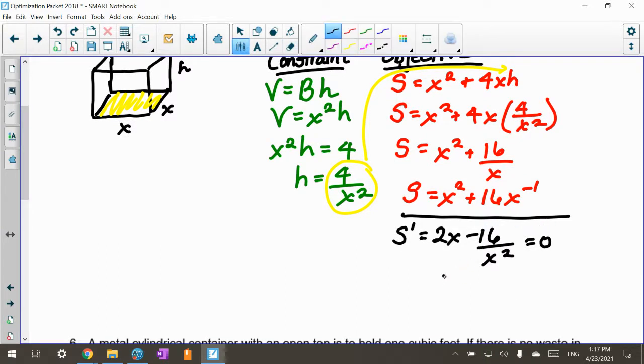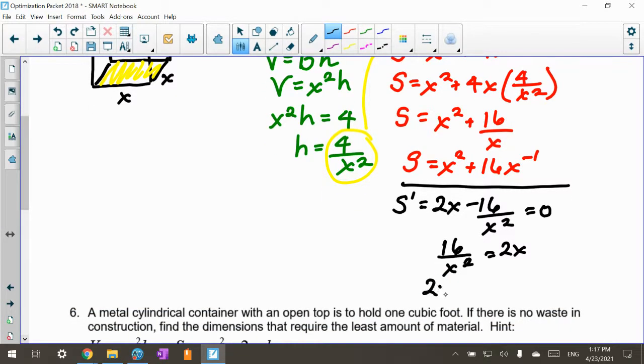I'm going to move this over to the other side, so I have 16 over x squared equals 2x. I'm going to cross multiply, so I have 2x cubed equals 16, or x cubed equals 8. So x is plus or minus 2, but I'm just going to say 2, in feet, because negative makes no sense when we're talking about a box, right?